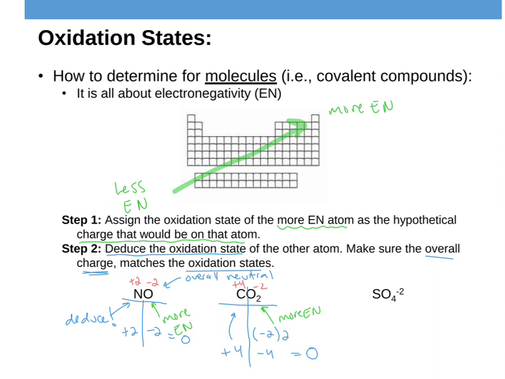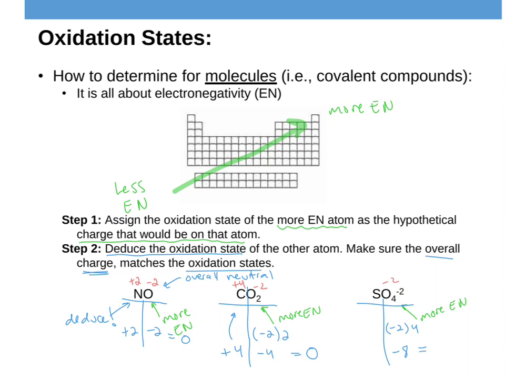That's 0. Now, if I go over to something like the sulfate, SO4 2-. Sorry, I didn't mean to make all of the second ones oxygen. But same process. Of sulfur versus oxygen, oxygen is more electronegative, so I assign it first. I know those are -2s, just based off the periodic table. But I have 4 of those oxygens because of that subscript, so now there's a -8 charge. The difference with this one is that it's not overall neutral.